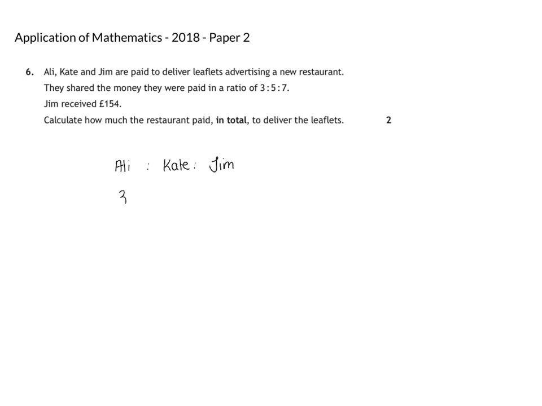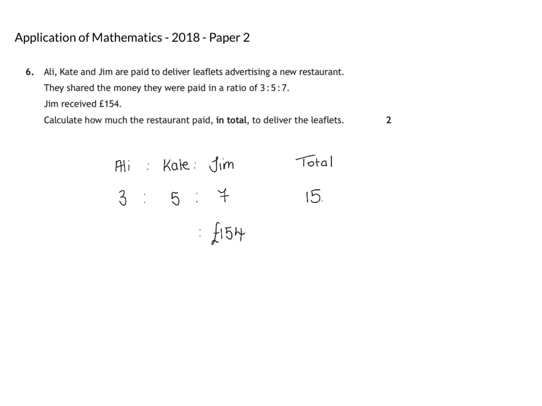So we know that Ali got 3 shares, Kate got 5, and Jim got 7. And we know that those 7 shares came to £154. So if we work out our total number of shares, adding up all our numbers there, we know that altogether there were 15 shares.